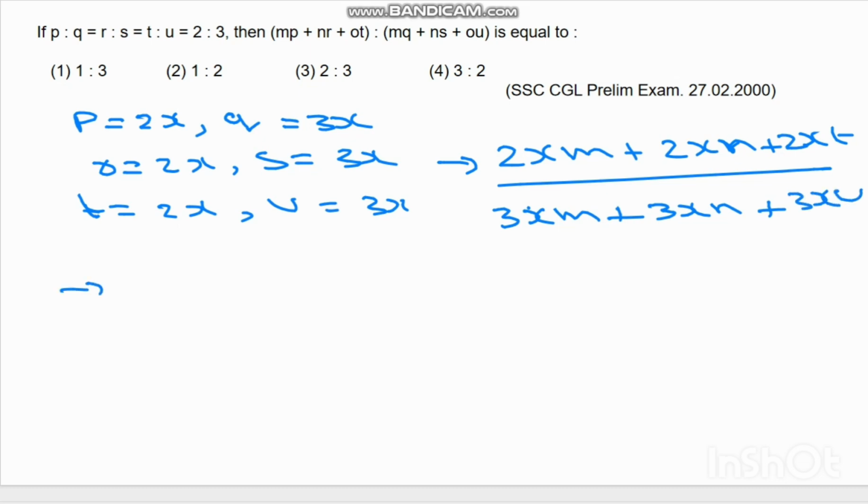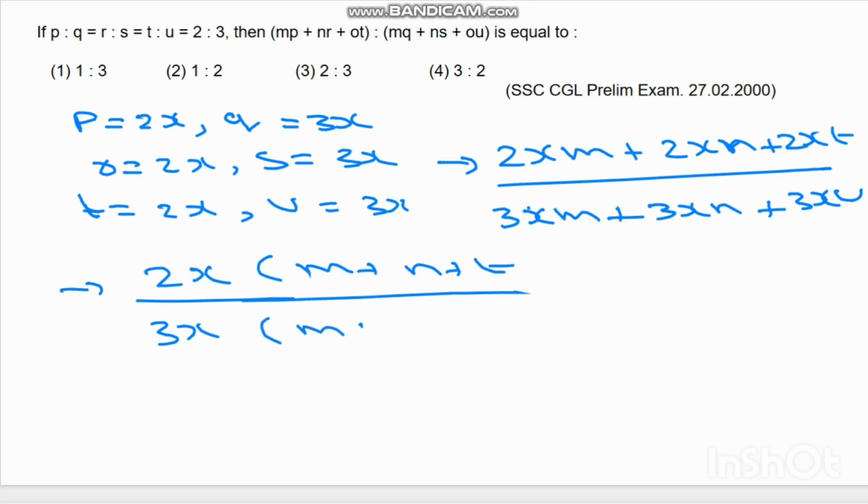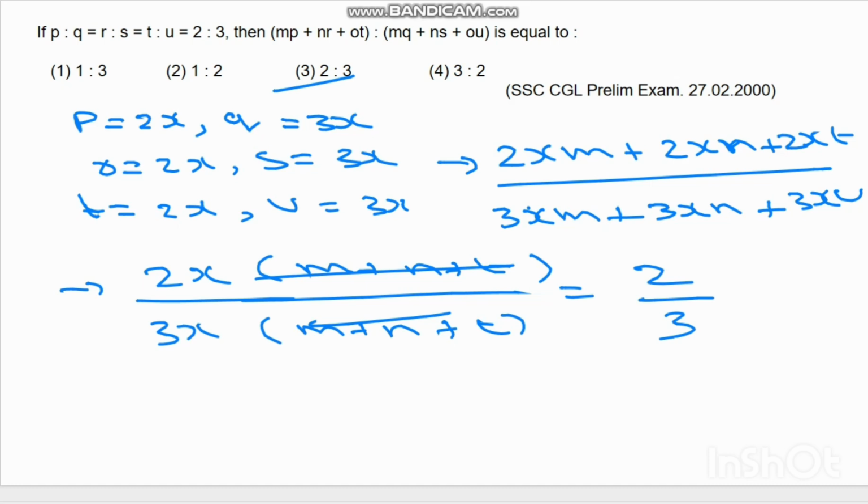So let us take common 2x and here 3x. So m plus n plus t by m plus n plus t. So the option is 2 by 3.